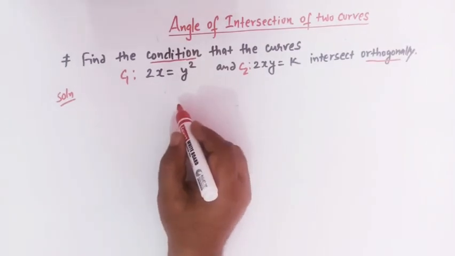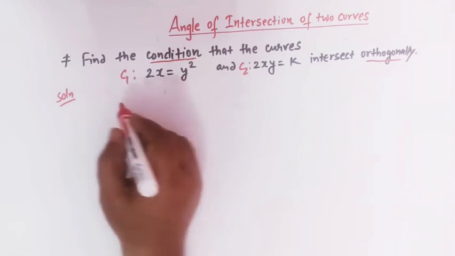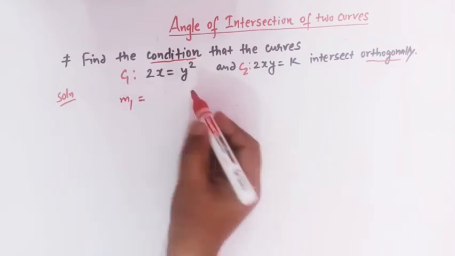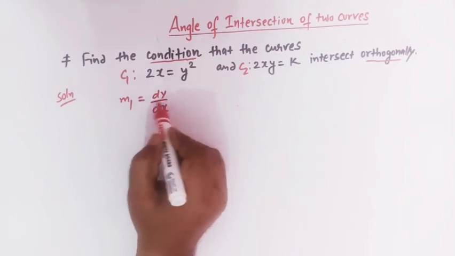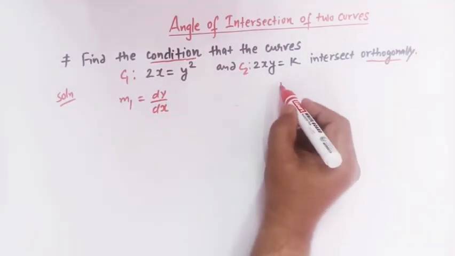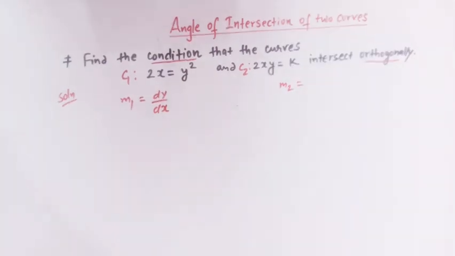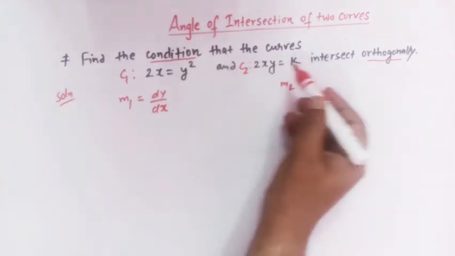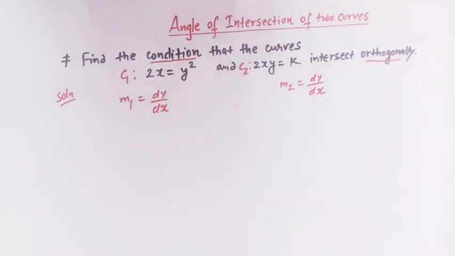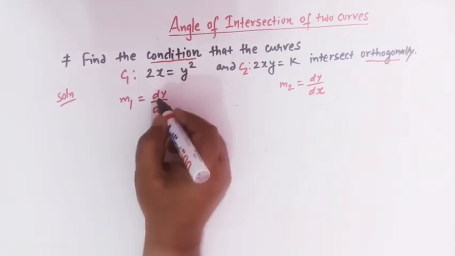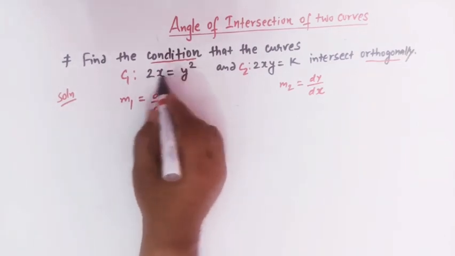So here what we will do, we'll find the slope of the tangent to this curve, that is m1 is equal to dy over dx. Then we'll find the slope of the tangent to this curve C2, which is dy over dx, right? Now let us find dy over dx for this curve.